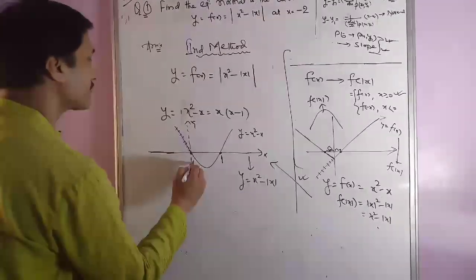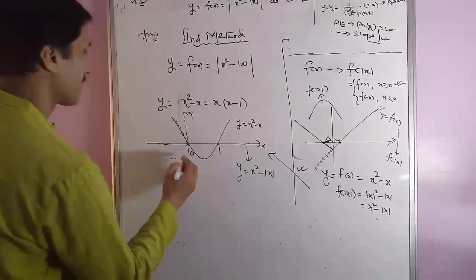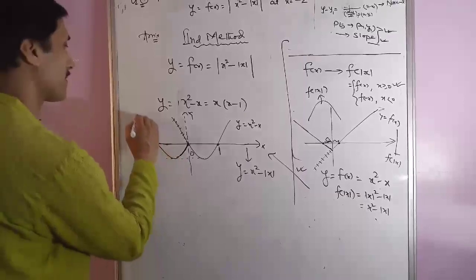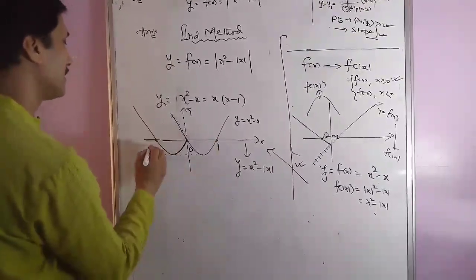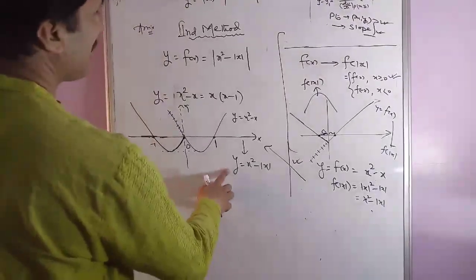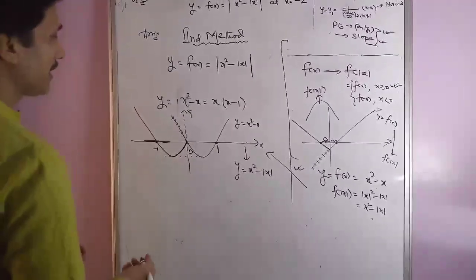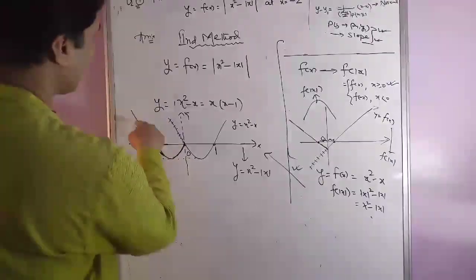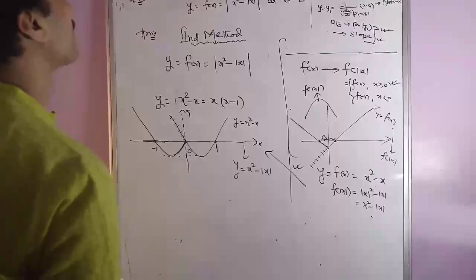Obviously here unit distance 1, this is minus 1. This is the graph of x square minus mod x. This whole region is the graph of x square minus mod x.